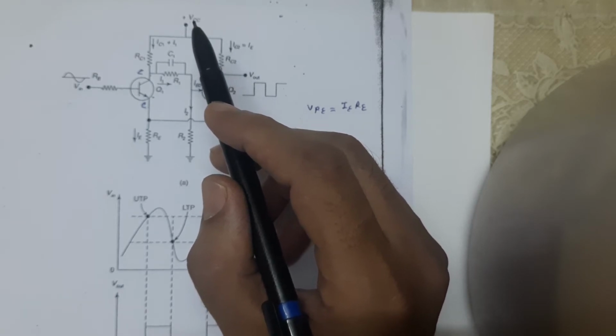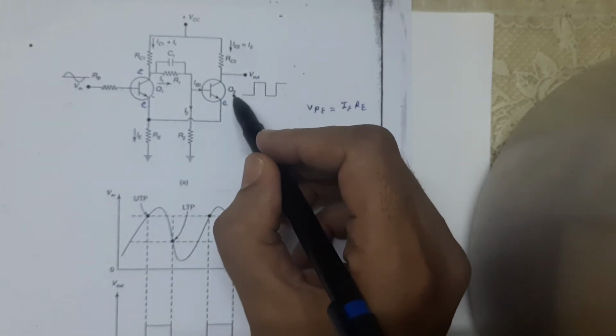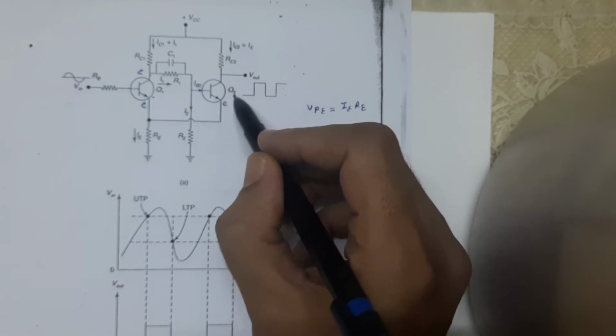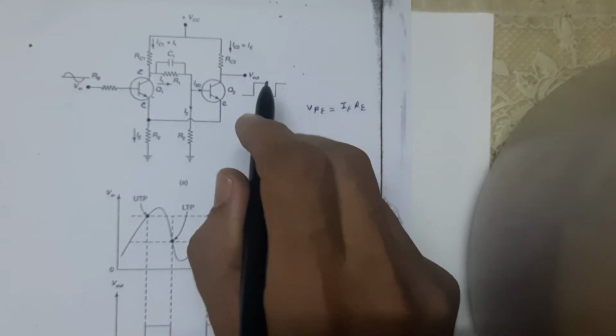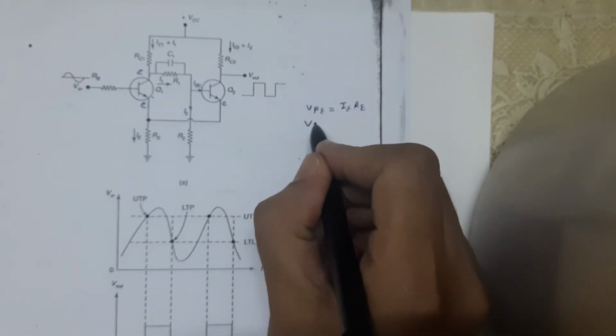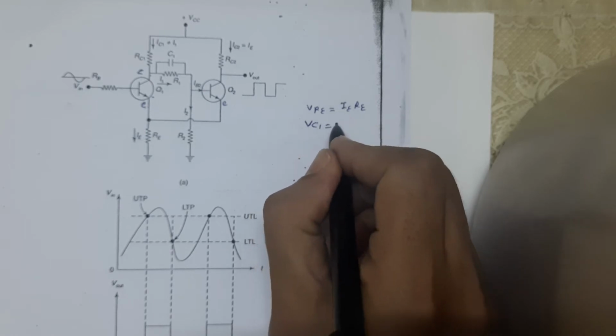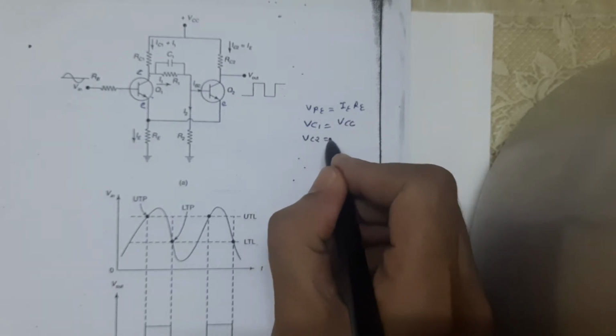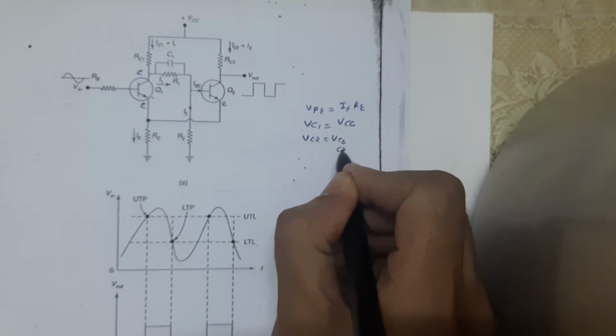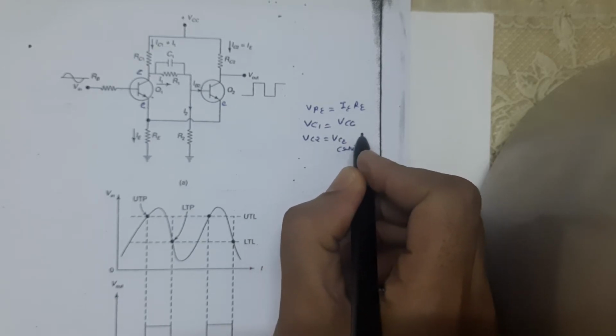Hence, Q2 is driven into saturation, that means it is in the on condition. At this instant, the collector voltage levels are VC1 equal to VCC, and VC2 equal to VCE saturation plus VRE.